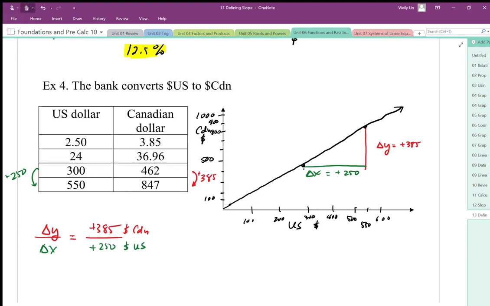And that is our slope right there. That's our rate. We can convert it to a unit rate, which is often convenient. When we divide that, we have $1.54 Canadian for every $1 US. So that's our conversion rate.